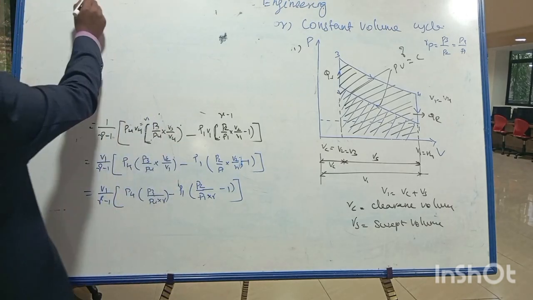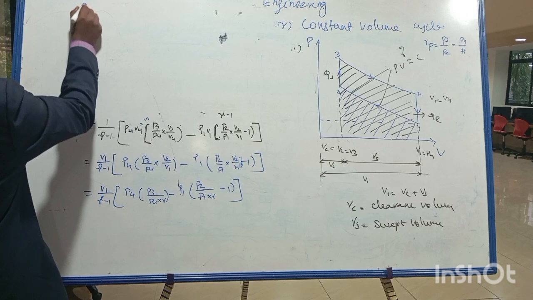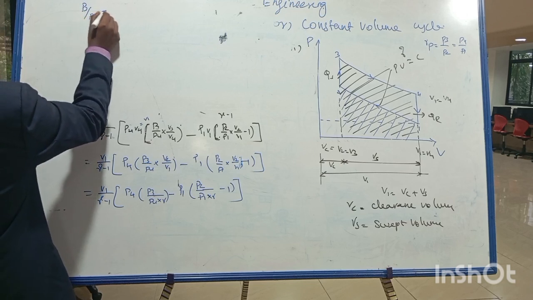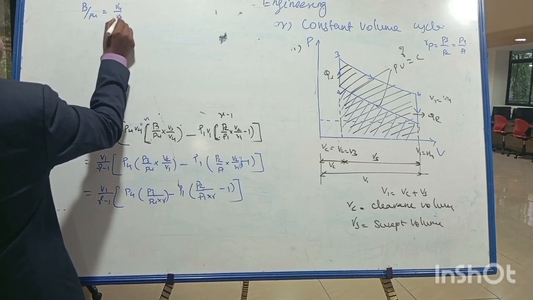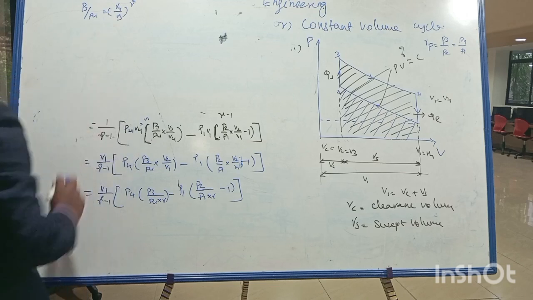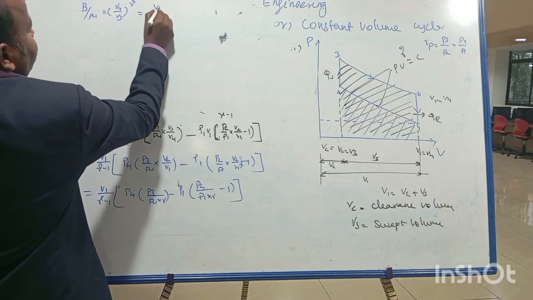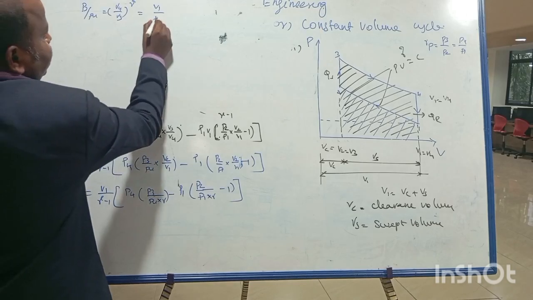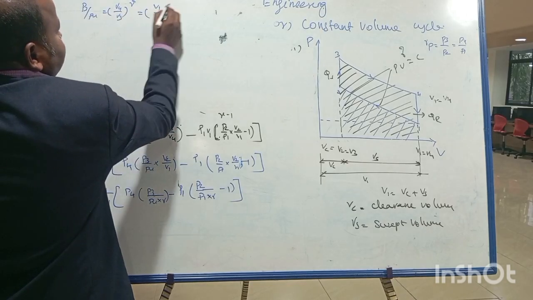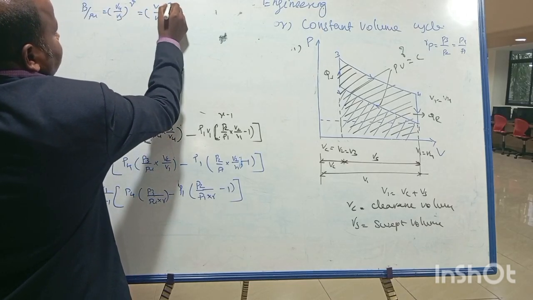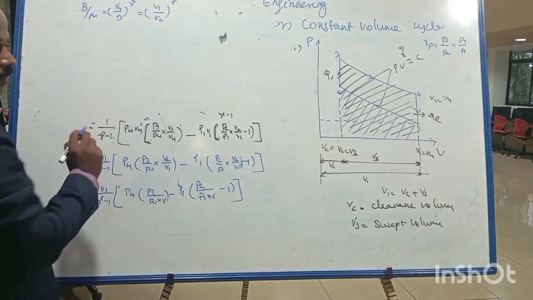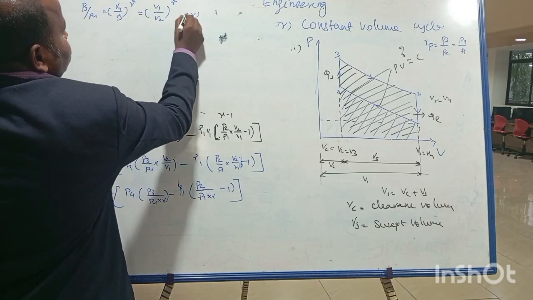So now equate these two terms, that is P3 divided by P4 should be equal to V4 by V3 power gamma. You know very well this V4 as V1, this V3 as V2. So I am going to write this term as V1 by V2 power gamma. This V1 by V2 is nothing but R. So R power gamma.